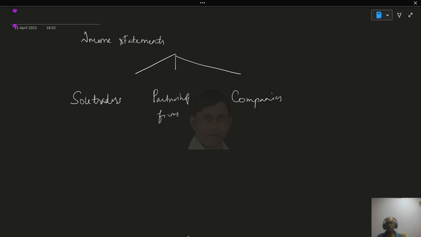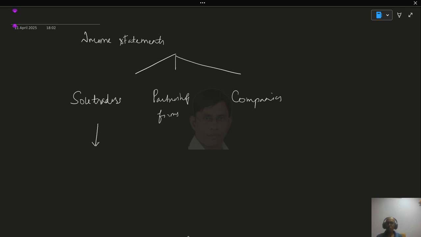All these businesses, whether they are sole traders or partnership firms or companies, have to prepare an income statement. In AS level, we will be learning income statements of sole traders, partnership firms, and companies. All these three we will be learning. To start with, we will start with income statements of sole traders.